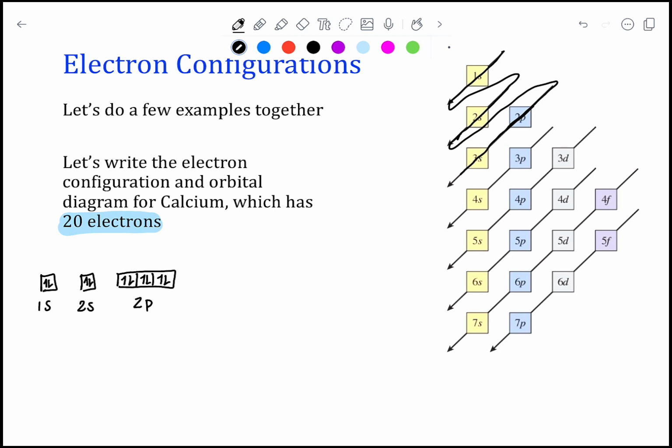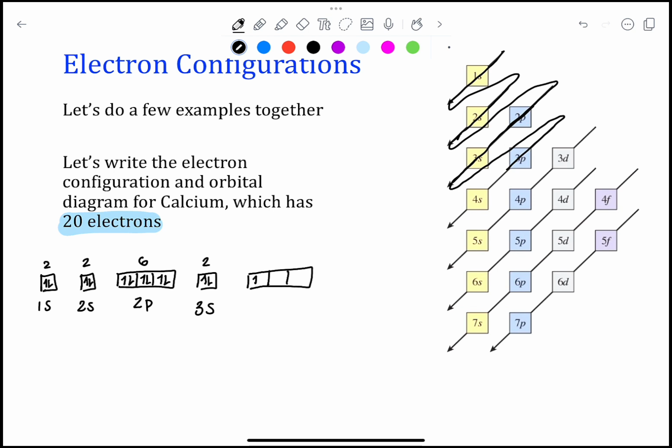Next up we have 3s, and let's take count of how many electrons we've used. We've used 2, 4, and then 6. So we've used 10 electrons so far. My 3s is going to be 2 electrons, so that's now 12 electrons. I now move up to my next row to my 3p, sorry, which again has 3 boxes in it.